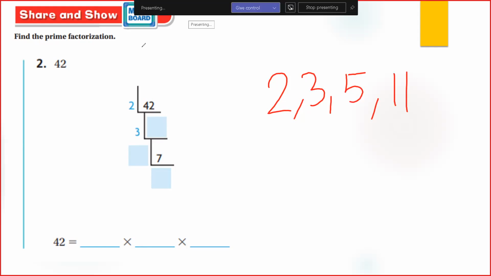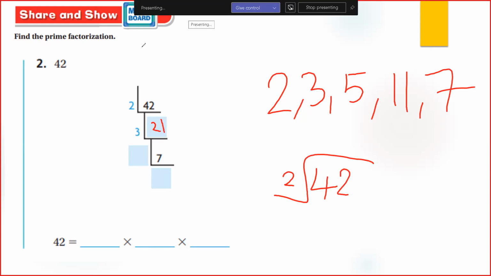Okay, now 42, which number from these prime numbers can divide 42? Not 5. 42 divided by 2, as we said, is 21.